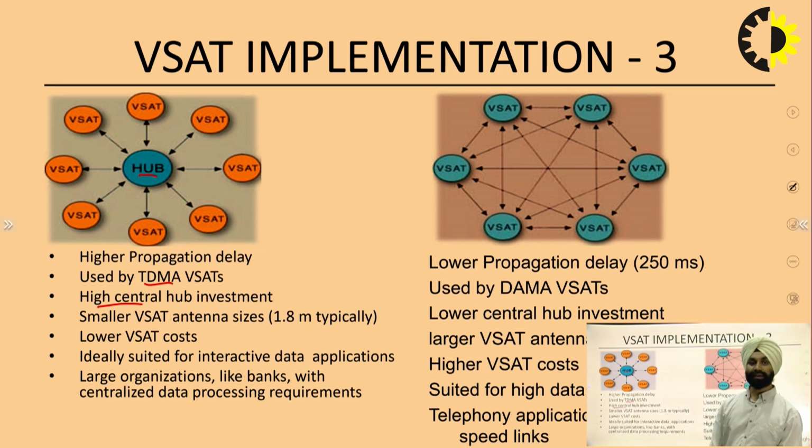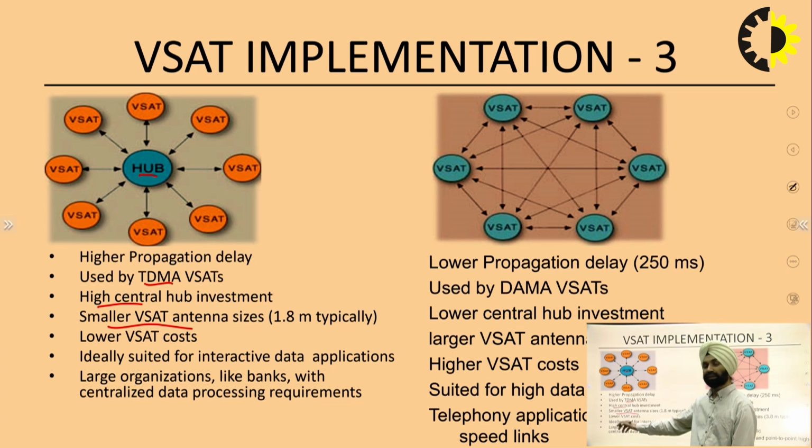We need higher capability VSATs which can handle a large traffic as well as have high reliability. A smaller VSAT antenna size can be used because only one hub is communicating with all the VSATs. We can directionalize the antenna toward the hub.